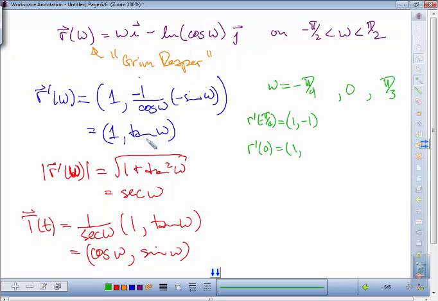I'm putting these w values into this function. And r prime of pi over 3: what's the tangent of pi over 3? Root 3. It's either 1 over root 3 or root 3. Root 3? Okay.